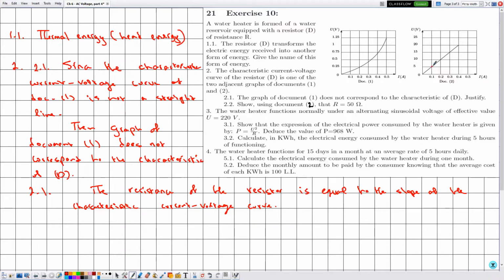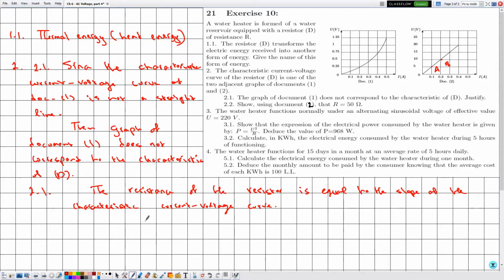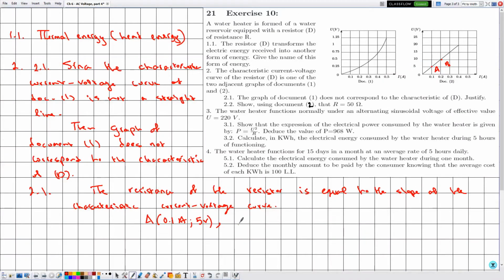Now the next step is to choose any 2 points belonging to the curve. So I will choose this point and this point. Now notice that the point A has coordinate 0.1 amperes, 5 volts. We always start by the current then the voltage. So the point A is given by 0.1 amperes and 5 volts, whereas the second point B is given by 0.2 amperes and 10 volts.